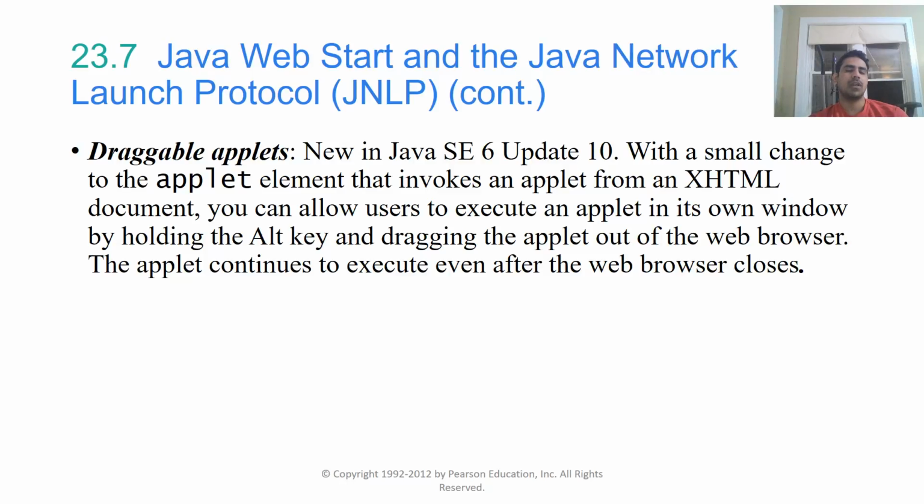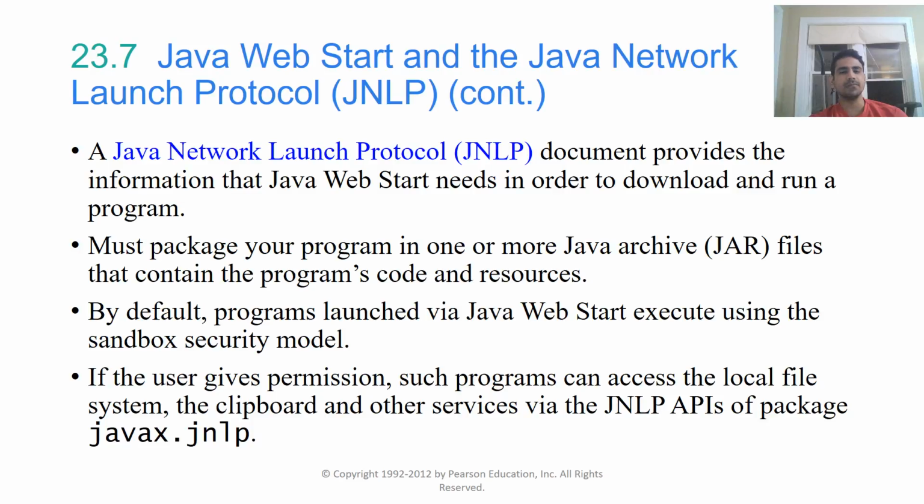You can allow users to execute an applet in its own window by holding the Alt key and dragging the applet out of the web browser. The applet continues to execute even after the web browser is closed.